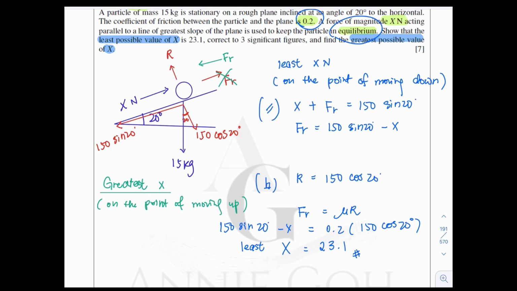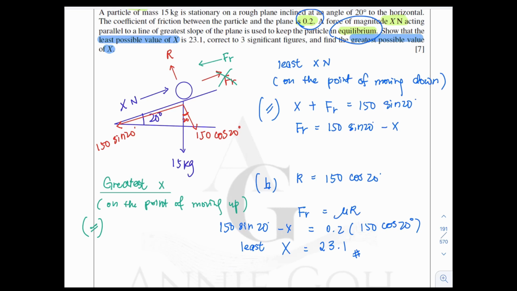So now let's form an equation for the forces parallel to the plane's direction. Notice what forces we have in the direction of the plane. We have friction here, we have x Newton, and we have mg sine theta. So let's form an equation on that. Since the particle is in equilibrium, the upward force should be equal to the downward force.